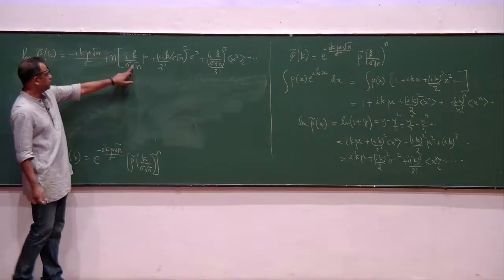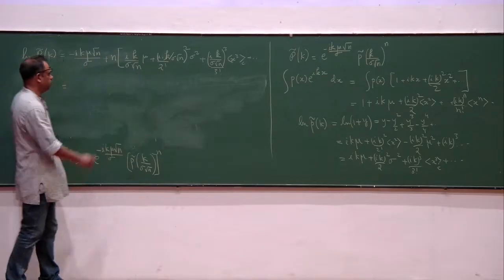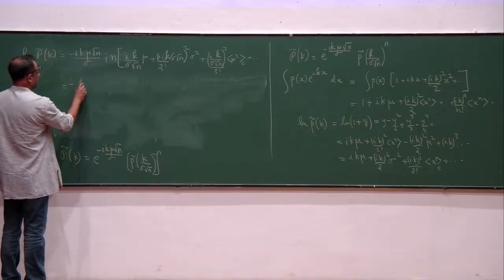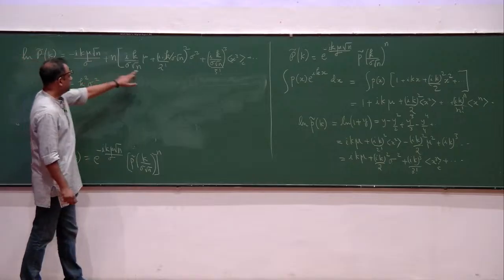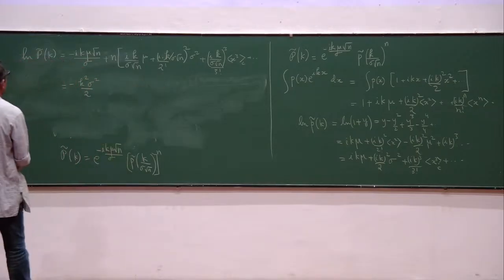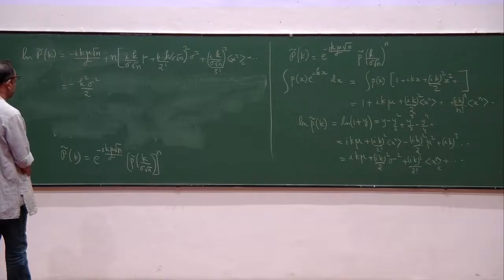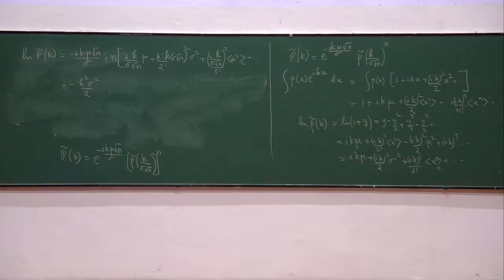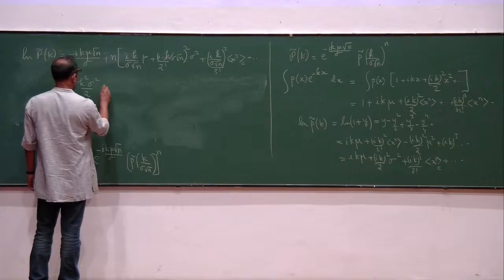Now the first two terms cancel out. Then I have to look at the next term, which is minus k square sigma square by 2. This n and this n cancel, okay, the sigma square, we'll figure that out.